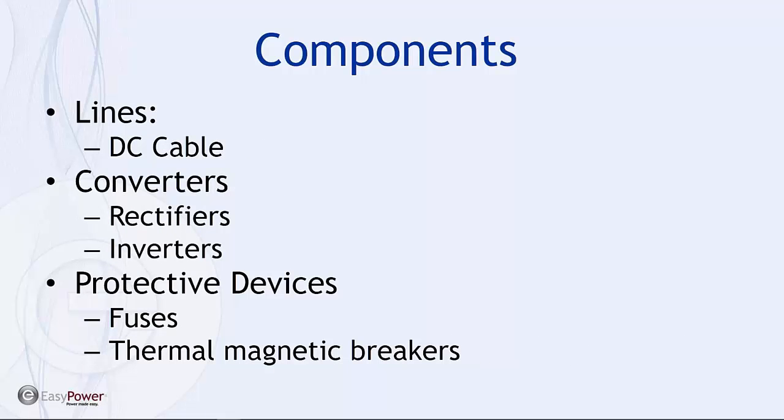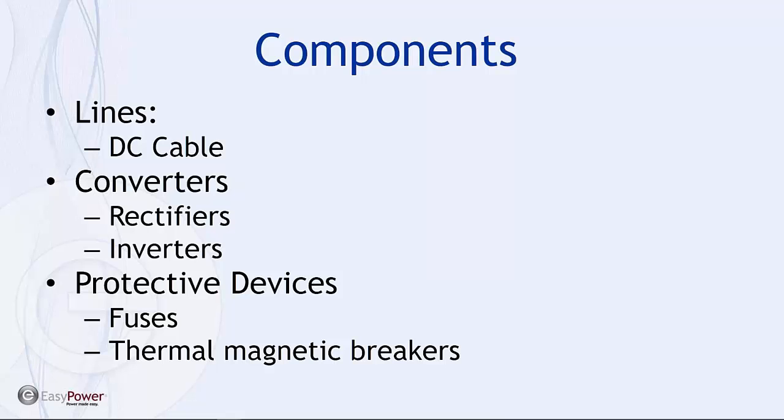Other passive devices will be the cables. Again, it's just a two-way resistance, and the length and dimensions of the cable end up being as important as in AC, except for the fact that there's no capacitance or inductance as part of the equation.